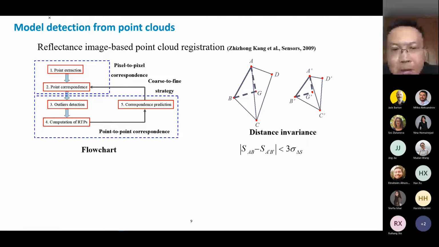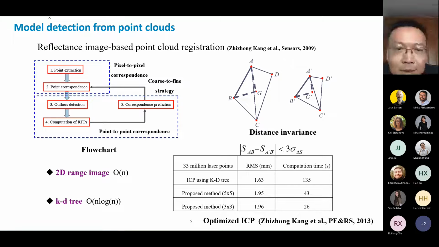Using reflectance images, we can incorporate three-dimensional constraints to find more correct corresponding points to calculate the parameters with high precision, like distance invariance, which is a very good constraint to have a very good result. And next.